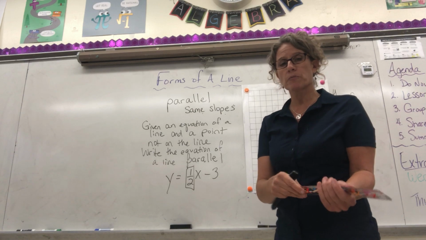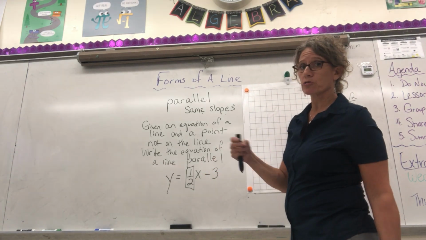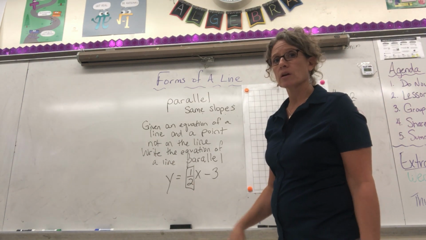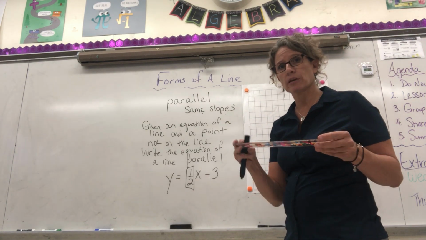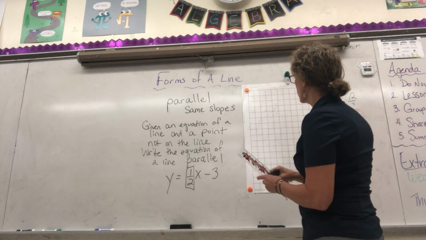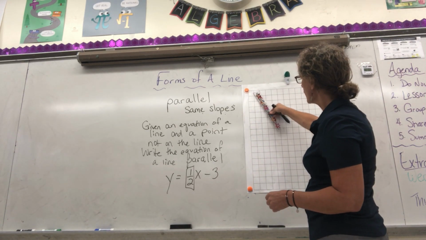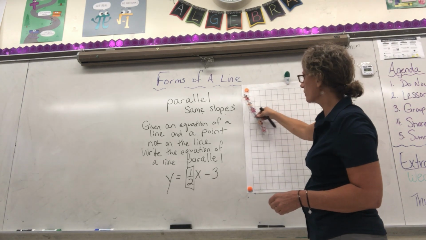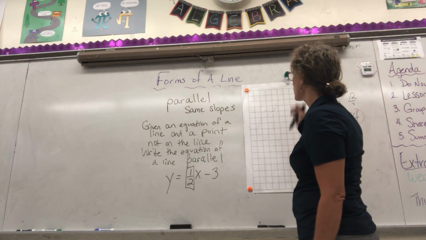But the other bit of information I need is a point through which to draw this line. The point is necessary because there's an infinite amount of lines parallel to any given line. So think about that for a moment. If I have a line, I'm going to call my ruler my line, I can put an infinite amount of lines anywhere on the graph that are parallel to that line, just having equal slopes.